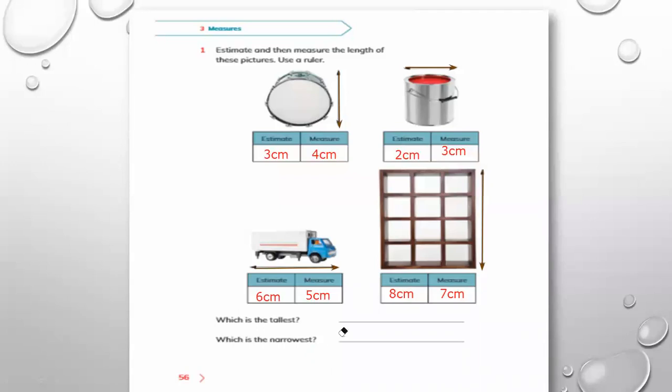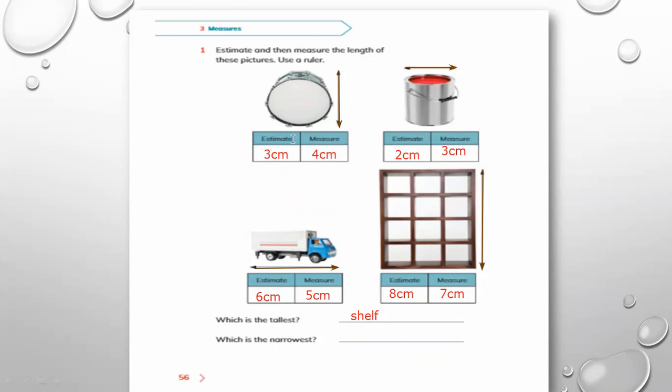Which thing is the tallest? We will say the shelf is the tallest. And which one is the narrowest? We will look at the measurements, not the estimations.